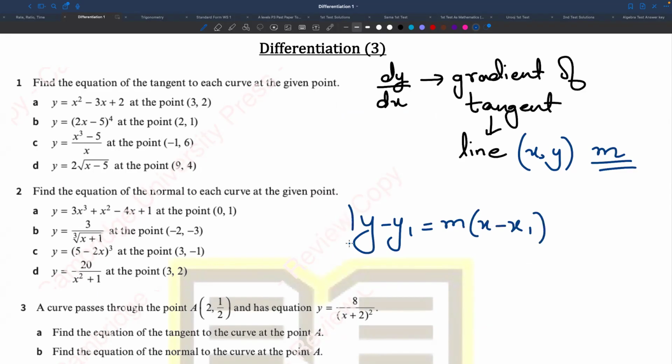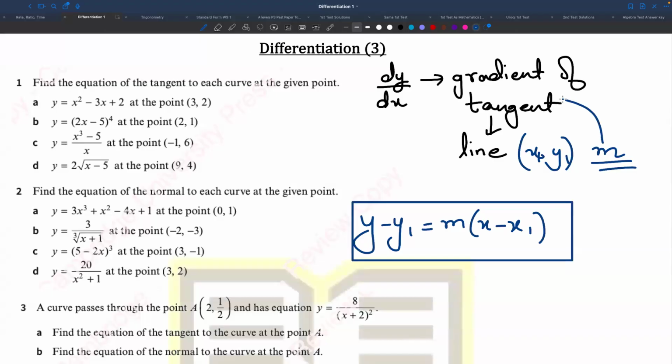This is how you write the equation of a straight line. So this is x1, y1, and this is the gradient. How will you get the gradient? Through dy/dx, right? And once you have the gradient, you can just put it over here. You need a point, which is given over here. And that's the first part. All right, that's part A.